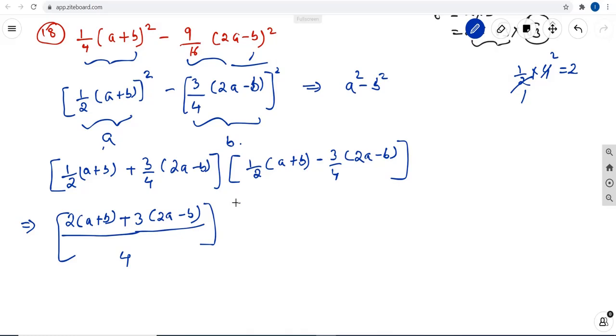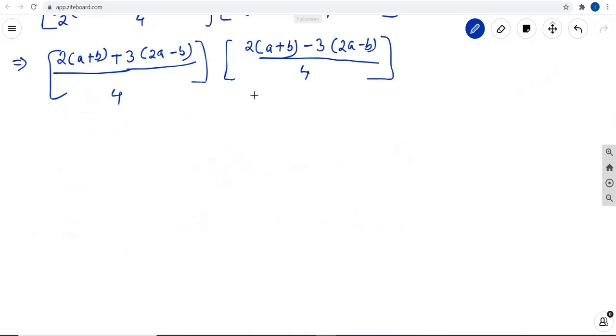So one more term, what I'm going to get, LCM as how much? 4. If I get LCM as 4, this is also the same thing as previous. So this one is 2 into (a plus b) minus 3 into (2a minus b). If I take this outside, see both are multiplication, so the middle sign is multiplication. So I can take 1 by 4, 1 by 4 outside, so this becomes 1 by 16.